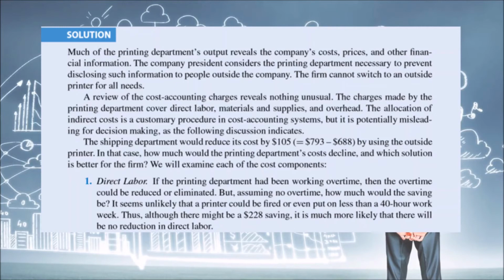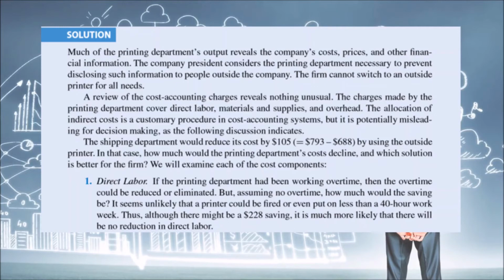The shipping department would reduce its cost by $105 by using the outside printer. In that case, how much would the printing department cost decline, and which solution is better for the firm? We will examine each of the cost components. Okay, so for direct labor, if the printing department had been working overtime, then the overtime could be reduced or eliminated.